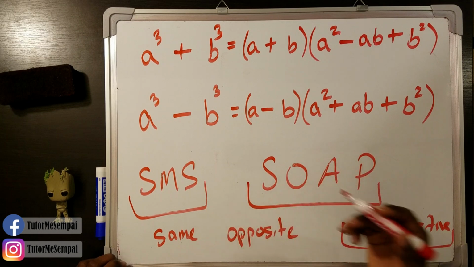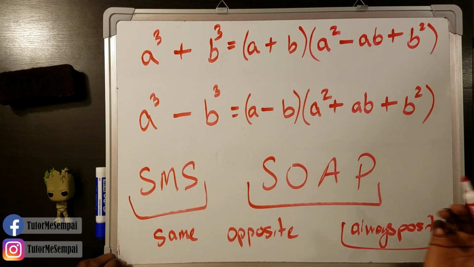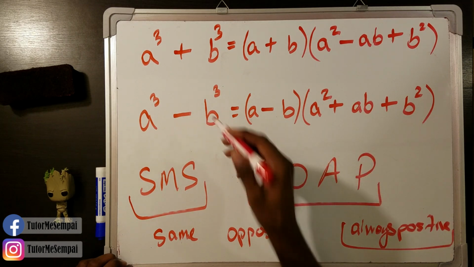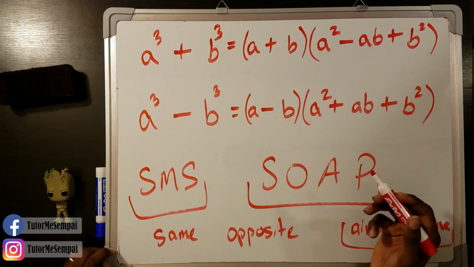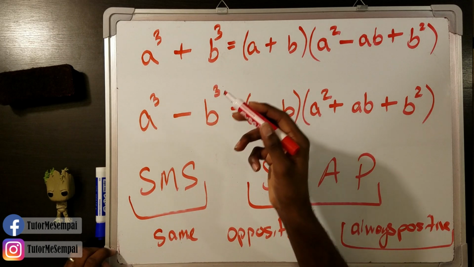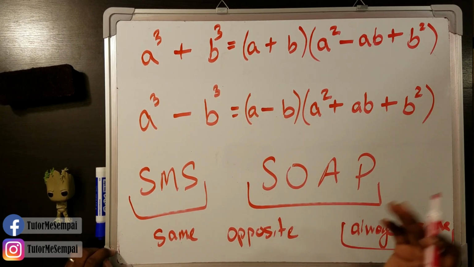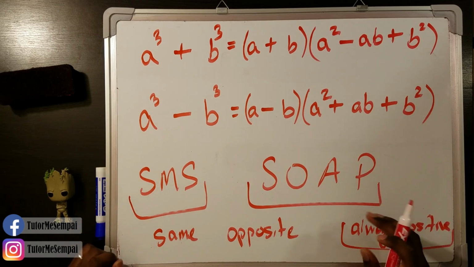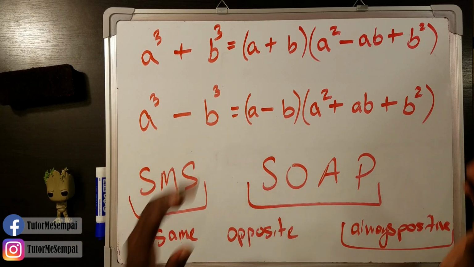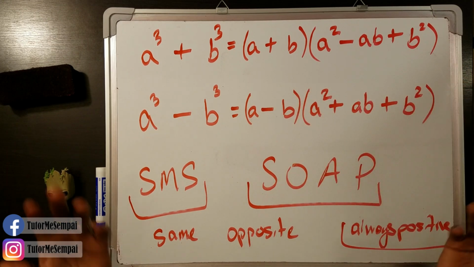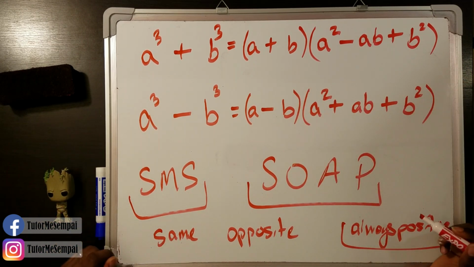So these are going to be our formulas to help us factor these sums of perfect cubes and the differences of these perfect cubes. Once you have this formula and you can find your cube roots, it's simply plug and chug. And then that's your answer. That's why I said factoring is probably going to be really easy once you have your formula. The trick is, how do you remember this formula and not get it mixed up? That's where these come in.